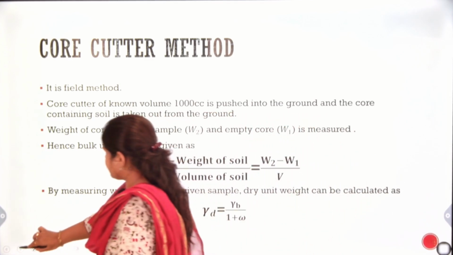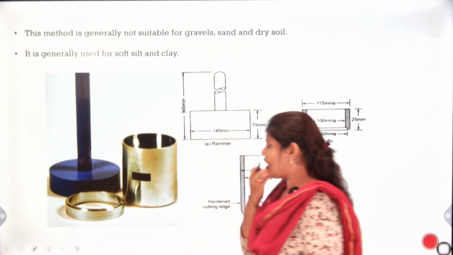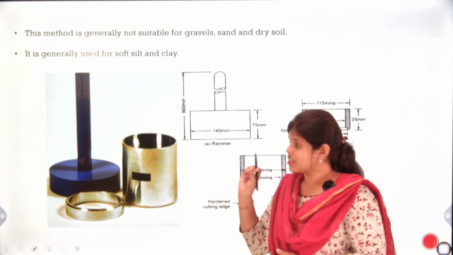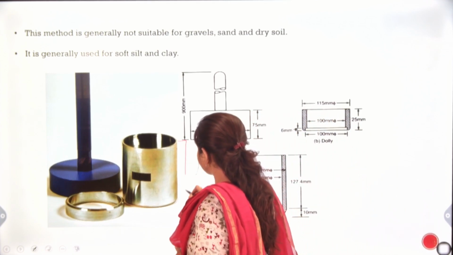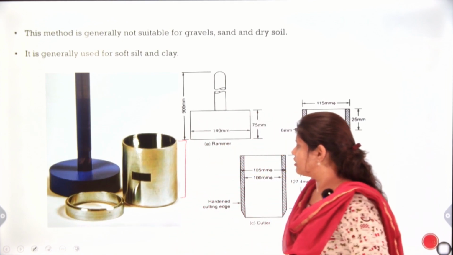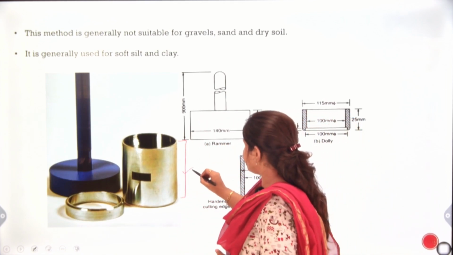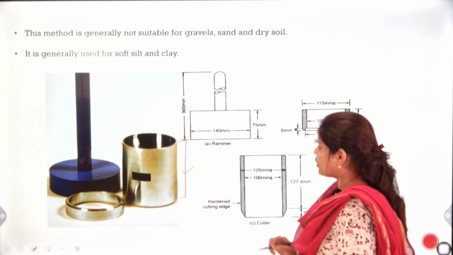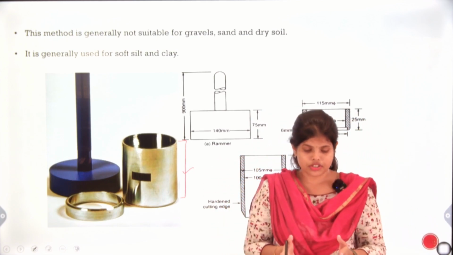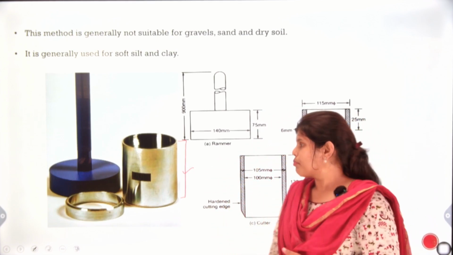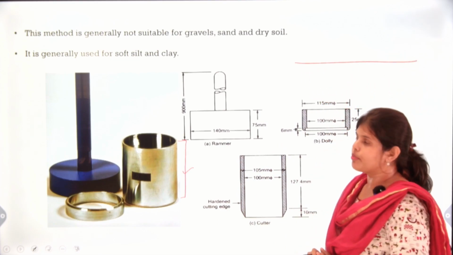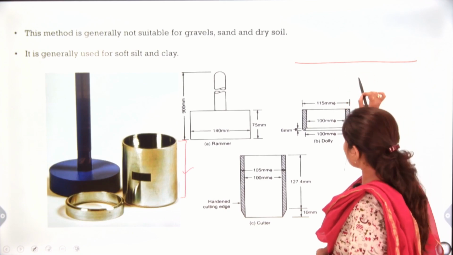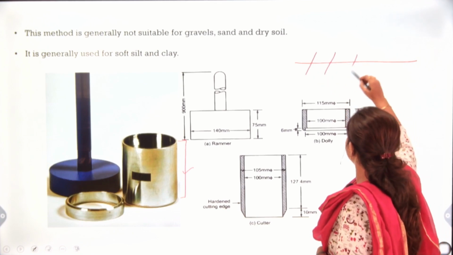We can see the diagram first to know how the process of core cutter method goes. Here is your total core cutter, the container and cutter. First we specify a place and level it.